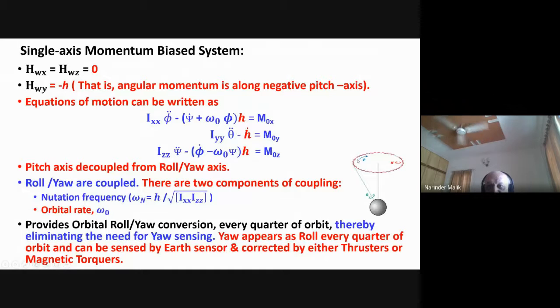On top of it is this small, higher frequency motion, which is nothing but a nutation motion, and this represents the orbit coupling. I'll come to that in detail in the next slide. Omega naught provides orbit roll yaw conversion every quarter of orbit, which we discussed earlier, but I'll explain it to you on the next slide.